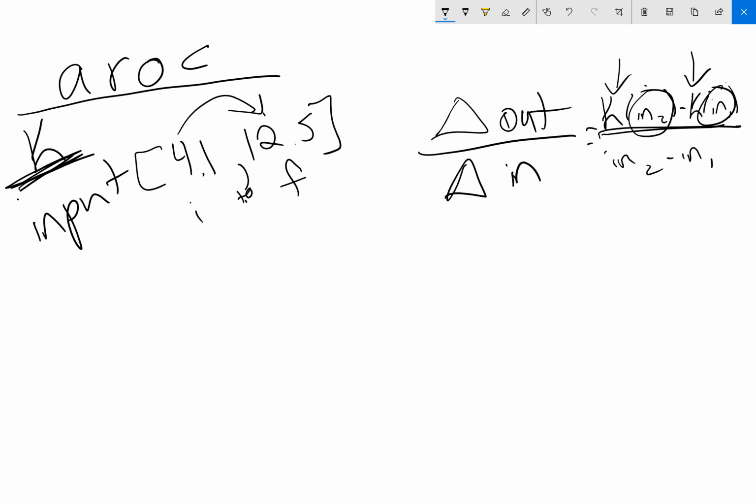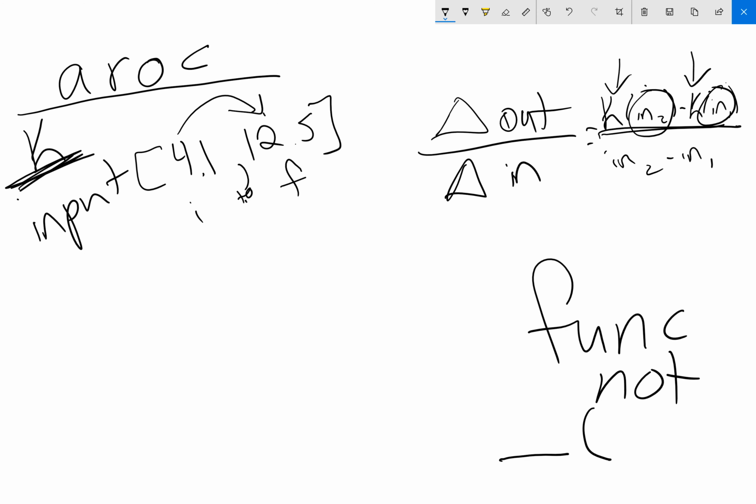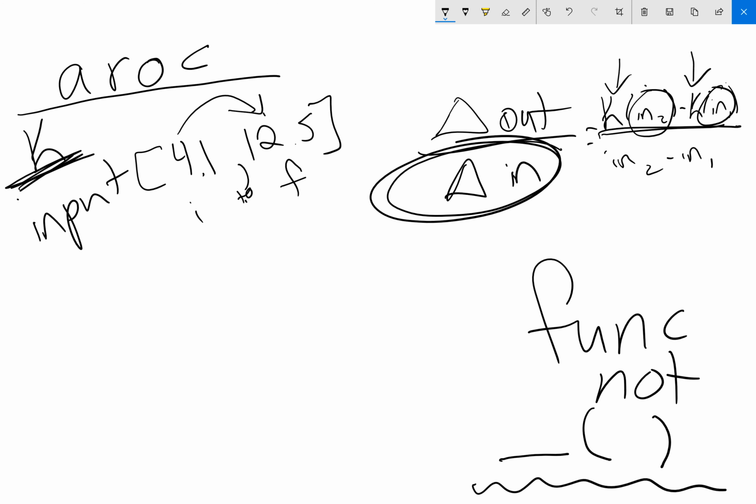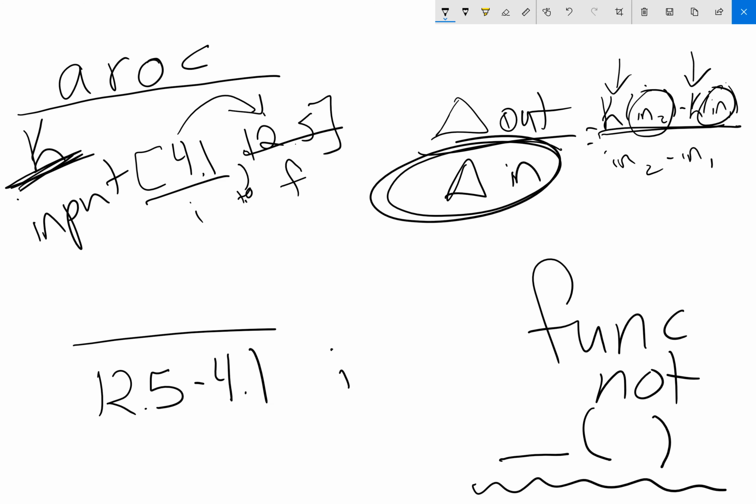Okay. And remember, we want to keep this in function notation, so we don't need to evaluate it. We don't need to plug it into our calculator. It's going to be left with a name, some inputs, and then any variation of this. Okay, so again, we know our change in our input, right? 12.5, which is our final, minus 4.1, which is our initial input.